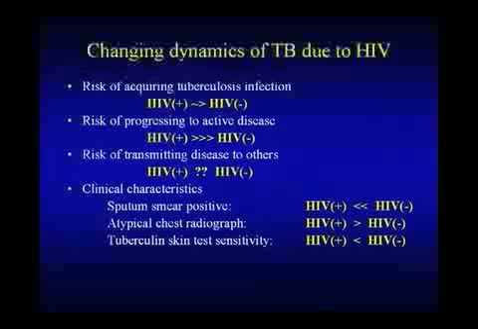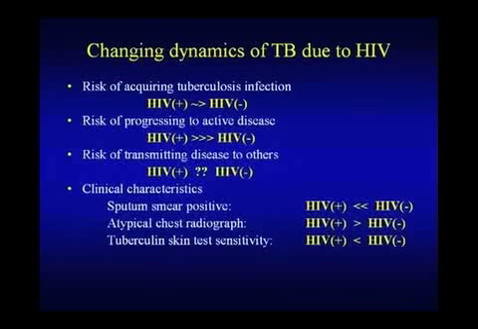And the tuberculin skin test, which we briefly mentioned, but very simply, the tuberculin skin test is a measure of whether or not a person is infected with latent tuberculosis. The sensitivity of the test is very poor in HIV negative patients, and it's even worse in HIV positive patients. So an HIV positive patient is much less likely to respond to the tuberculin skin test.